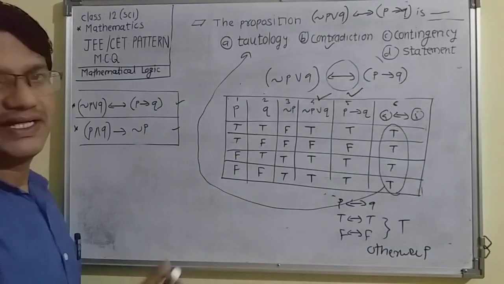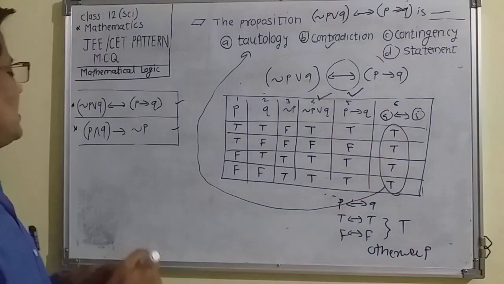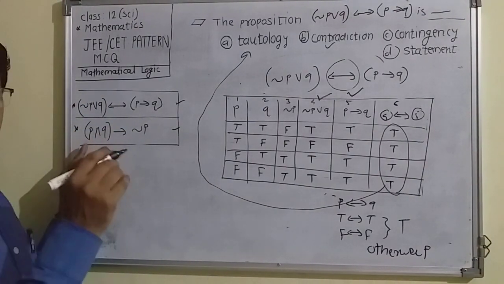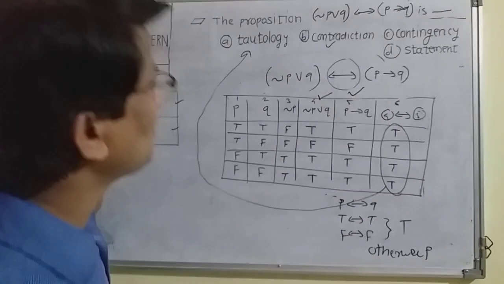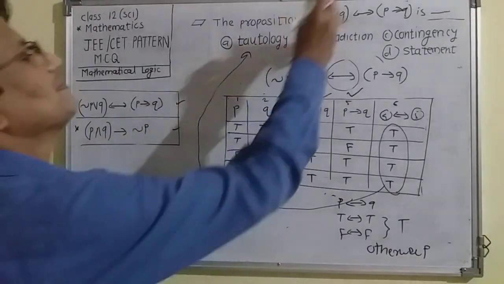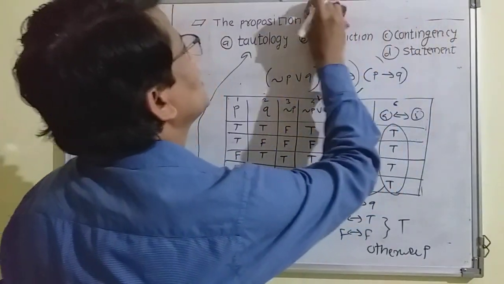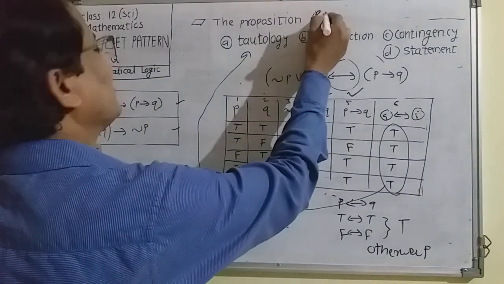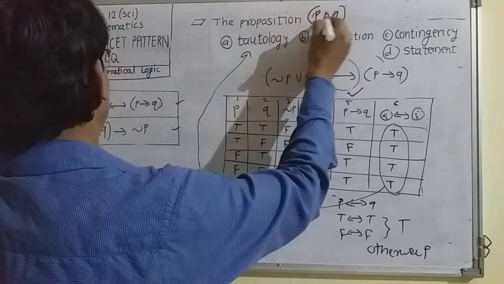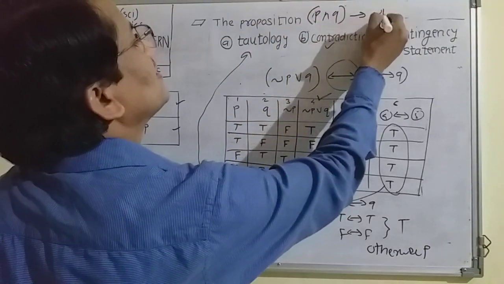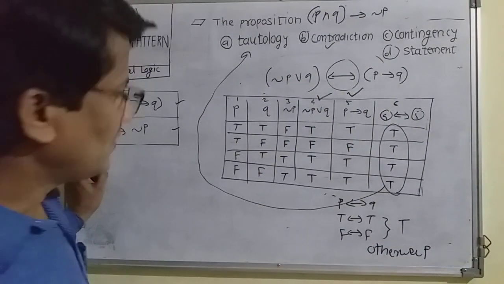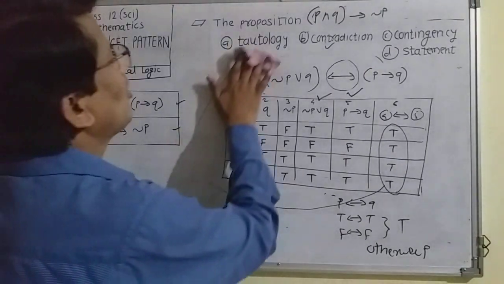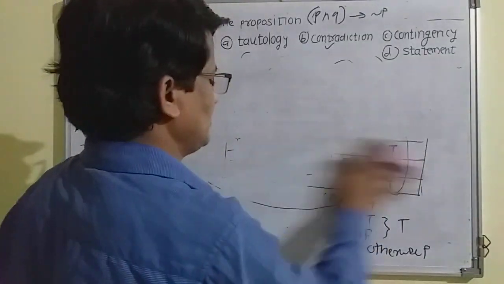Same type of example, same type of statement is given. This is the third example now: P and Q implies negation P. The options are the same.